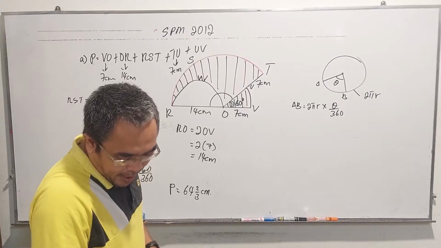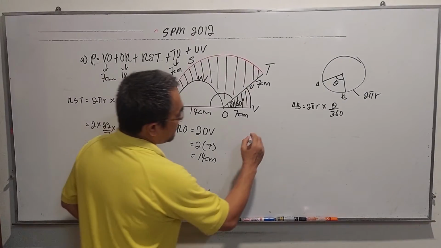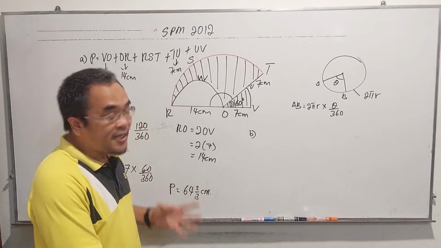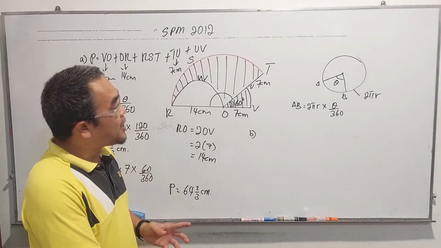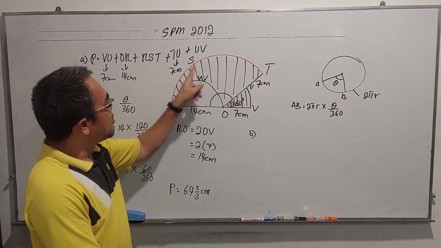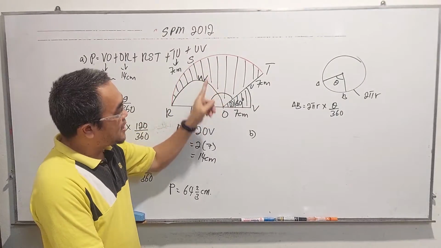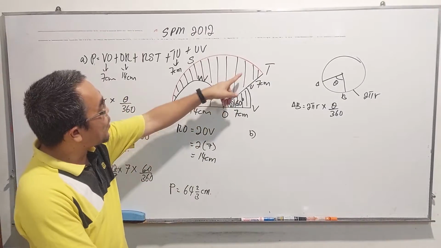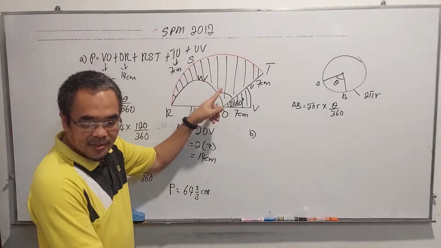Alright. Then we go to question B. Question B is asking about the area of the shaded region. What is this shaded region called? This shaded region is called a sector? What is this part?